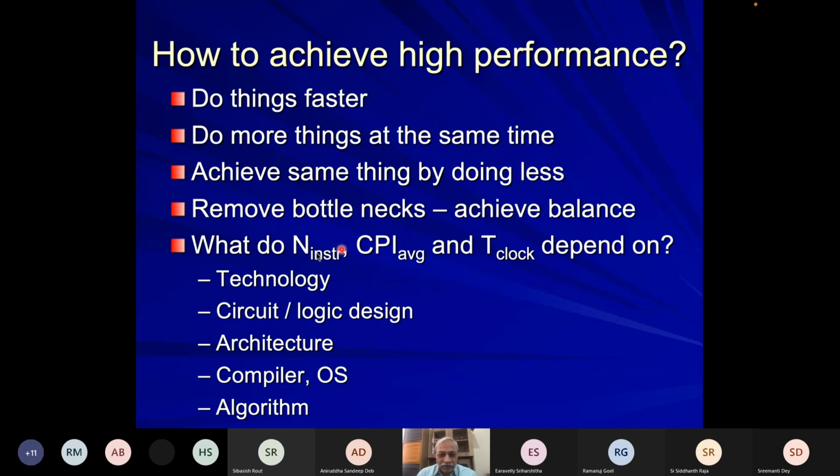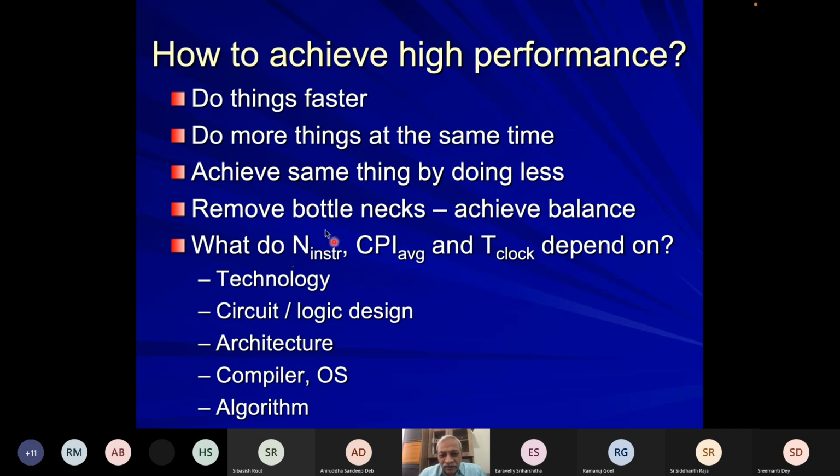Okay. So for example, keeping everything else the same, if you change the technology, let's say from 20 nanometers to 10 nanometers, the transistors become smaller. So you would typically change the clock period. On the other extreme, if you look at algorithm, you replace a bad algorithm with a better algorithm. You are not dealing with clock and cycles per instruction.